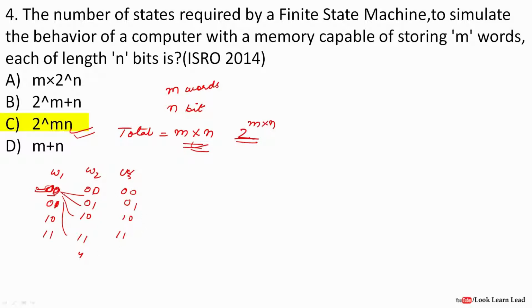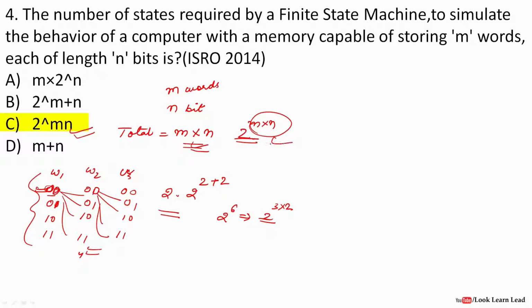And this 0 can also be combined with each of these four. So when we compare all of them, there would be around 2 to the power 2 plus 2 into 2, which is equal to 2 to the power 6, which is 2 to the power 3 cross 2. So the answer is M cross N.